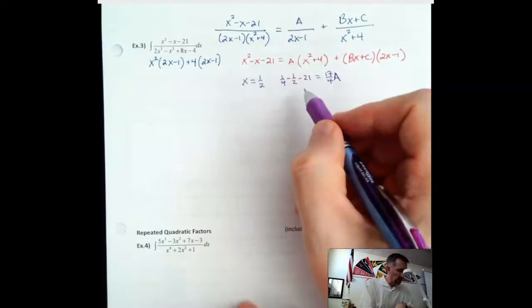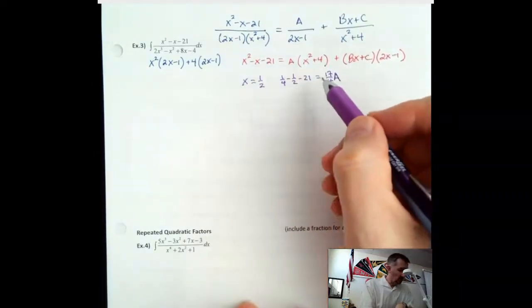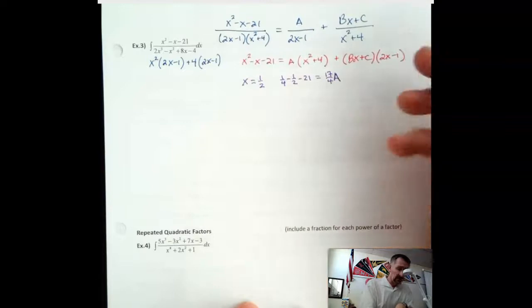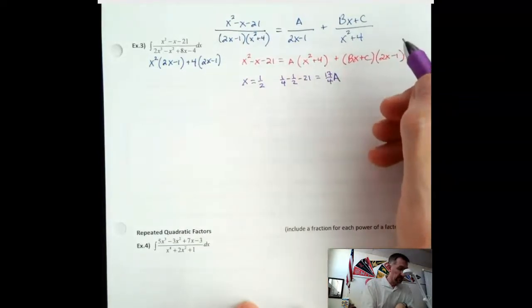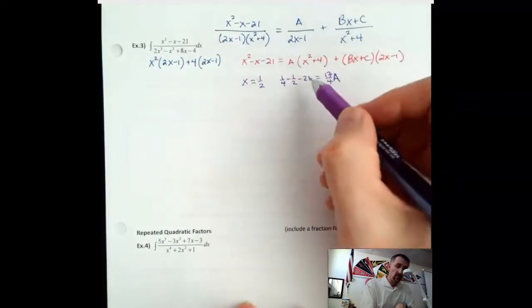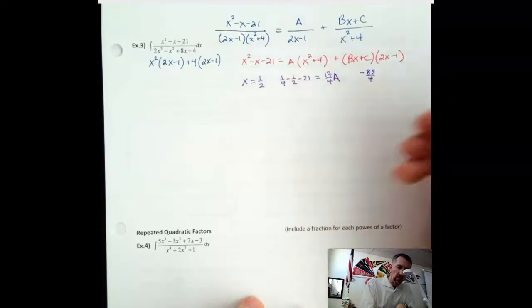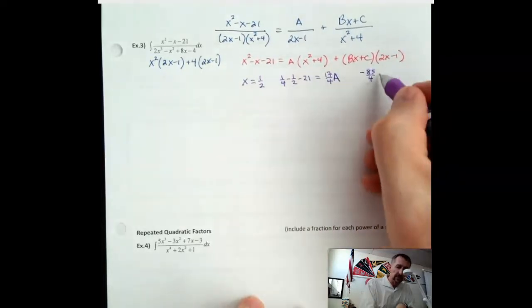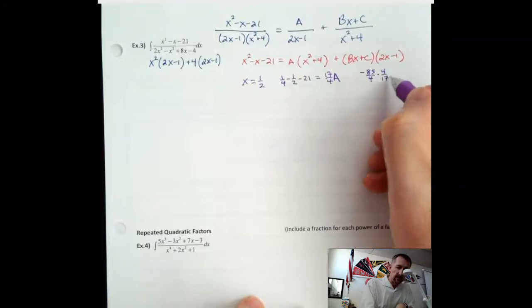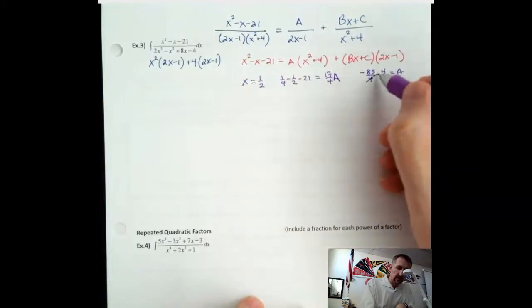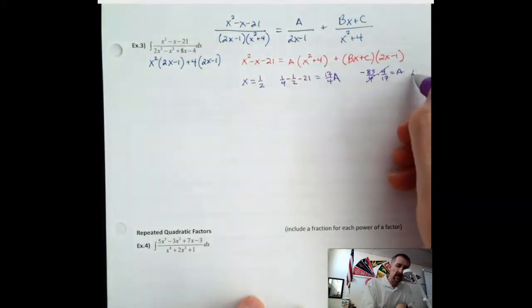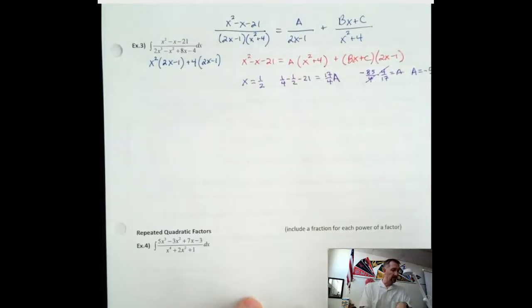So negative 1/4 minus 21 is negative, what, 85? Negative 85 over 4. So we have negative 85 over 4, and then we're going to multiply both sides by 4 over 17 to get a. So that's going to cancel, and that's nice, that's negative 5. Okay, so that's not that bad.